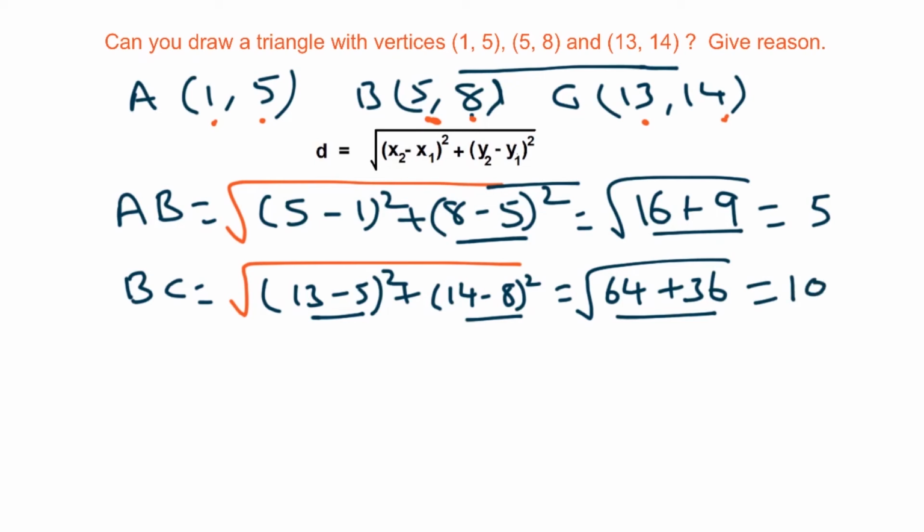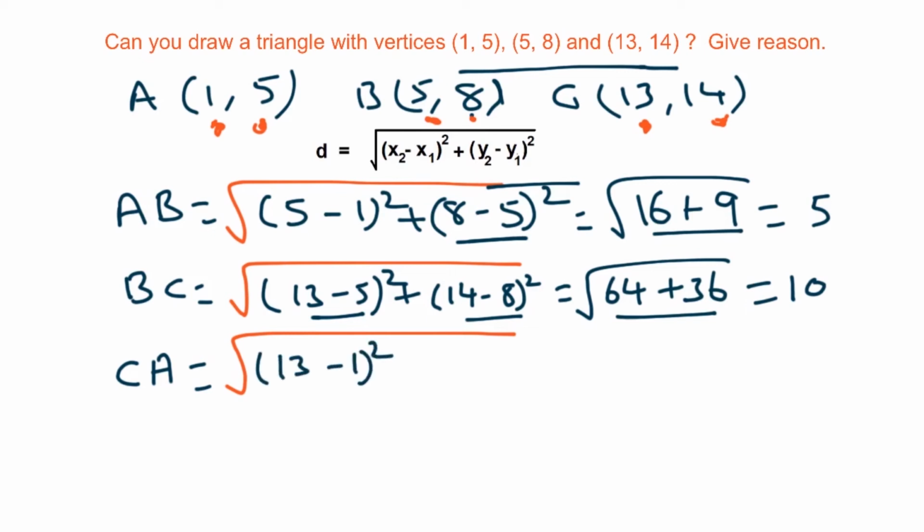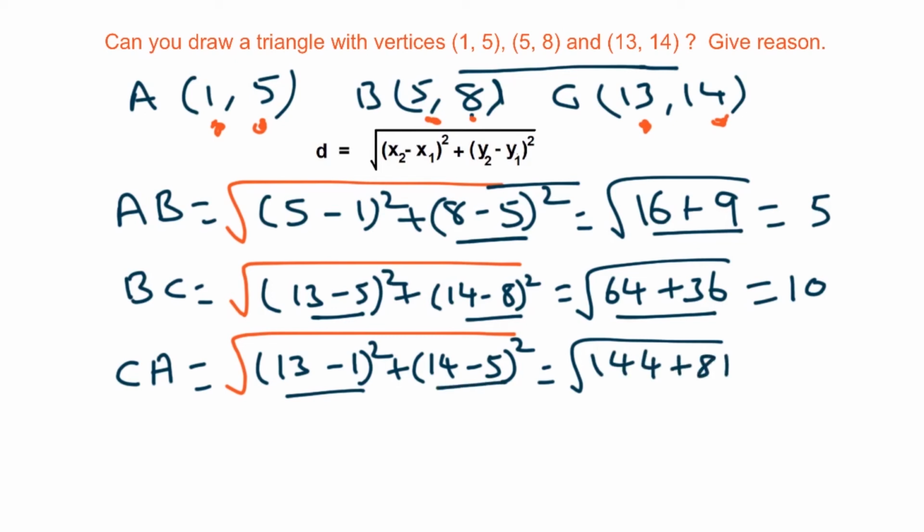Now we will find the distance between the points C and A. So let us say this as x1, y1, x2, y2. So we will substitute in the formula. x2 minus x1 is 13 minus 1 whole square plus y2 minus y1 is 14 minus 5 whole square. 13 minus 1 is 12, 12 squared is 144, plus 14 minus 5 is 9, 9 squared is 81.